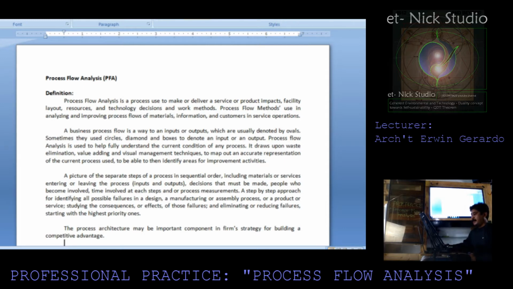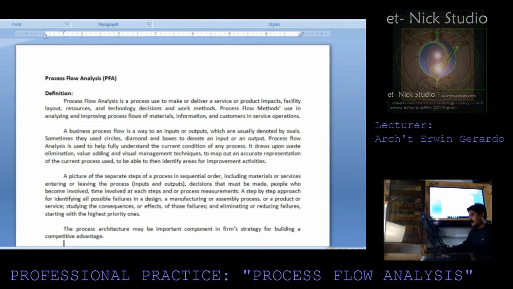Process flow methods are used in analyzing and improving process flows of materials, information, and customers in service operations. A business process flow is a way to show inputs or outputs, which are usually denoted by ovals. Sometimes they also use circles, diamonds, and boxes to denote an input or an output. Process flow analysis is used to help fully understand the current condition of any process.